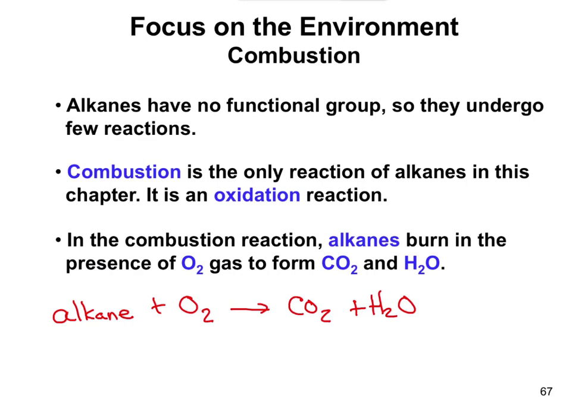The trick here is you have to figure out what your alkane is, and you don't write it as alkane, you would write it as something like C4H10. And then you would need to go through and balance that equation. We'll do a couple practice problems on this in just a second.